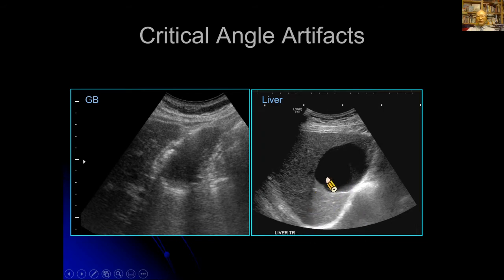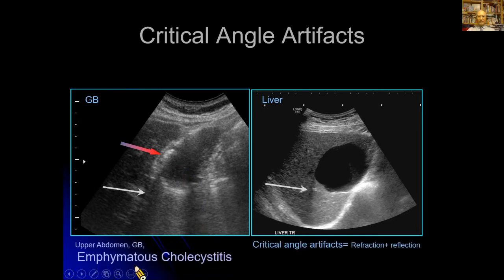Here is a hepatic cyst with a kind of critical angle artifact, but here you can see it is a little bit dirty, so not quite typical. Actually, this is caused by air bubbles on the gallbladder wall. So this is so-called emphysematous cholecystitis, air bubbles trapped on the gallbladder wall.